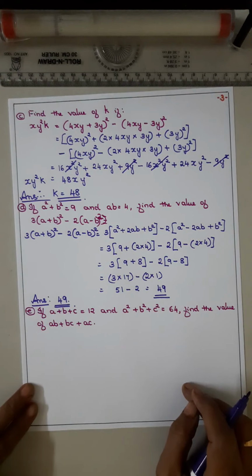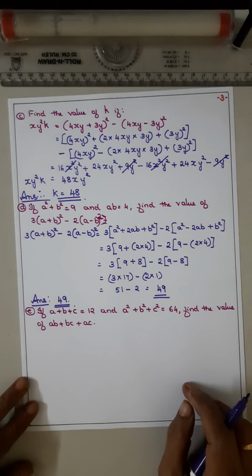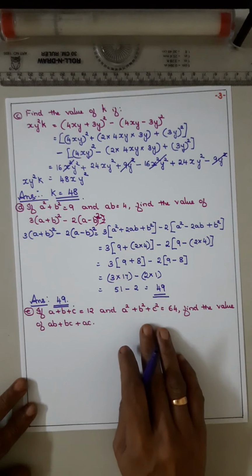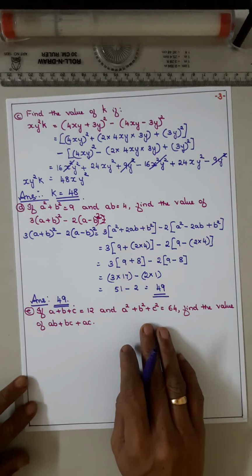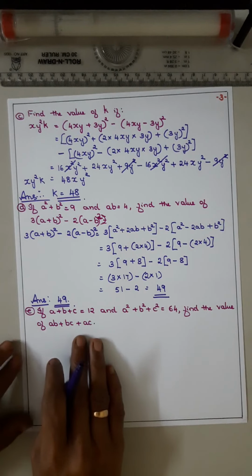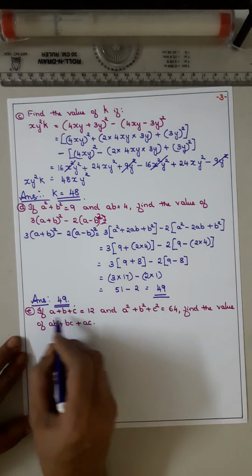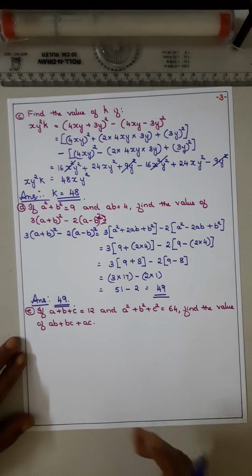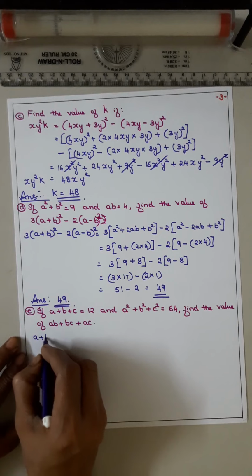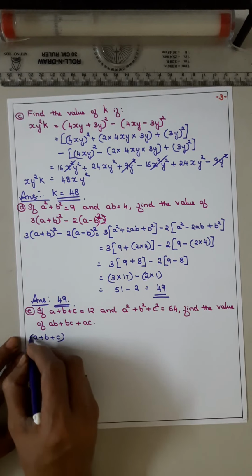Now coming to the question number E. a plus b plus c the whole squared, a plus b plus c is given and a squared plus b squared plus c squared is given. They have asked to find the value. So a plus b plus c means which identity? That a plus b plus c the whole squared, that identity is there, no?